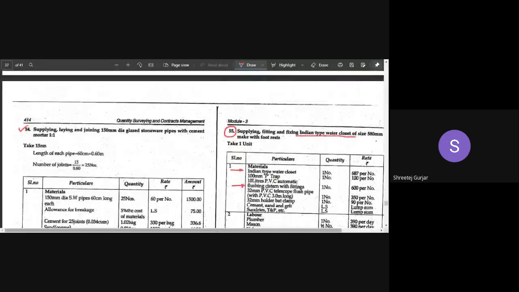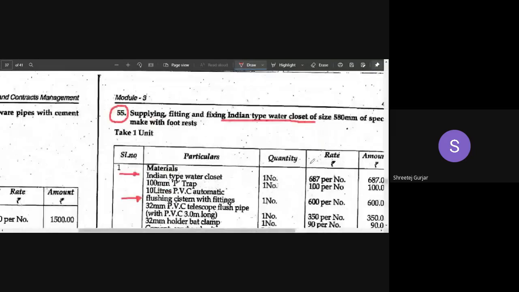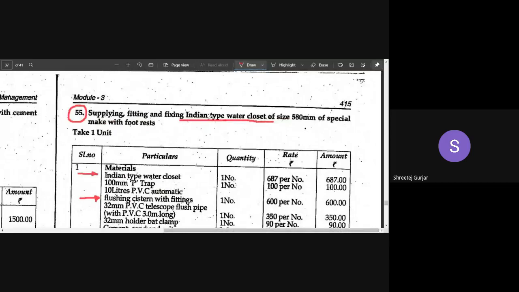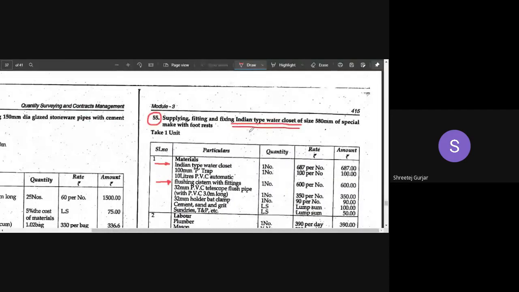Then coming to the fixing and fitting of an Indian type water closet. Usually we take it as one unit, that is, one water closet of Indian type that we have to fit.